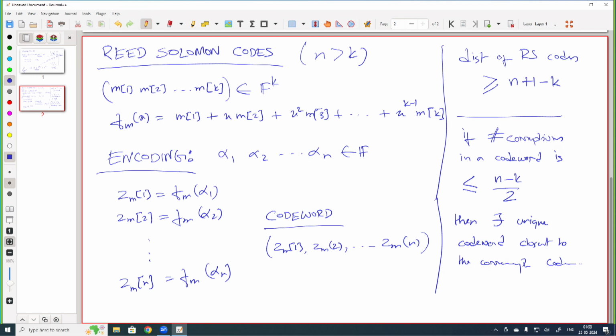Because of that assumption, the message must have been that unique code word, because if it is some other code word, then the amount of corruptions is more than that number, which will violate my assumption.